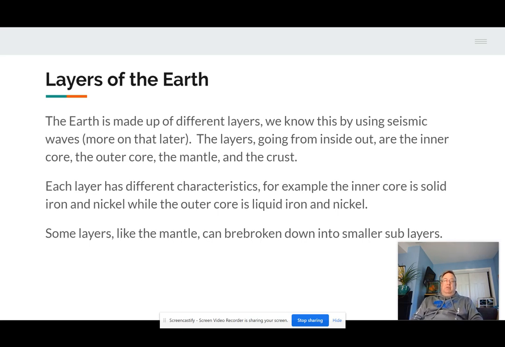Now, the key here is that when there's an earthquake, there's multiple types of waves. There's a primary wave, which is the first wave that comes out, which is fast, and it's what we call a compressional wave. All right, so instead of a traditional looking wave, when this moves by, it kind of goes like this. Okay, now because of that, it moves very fast through solid material only.